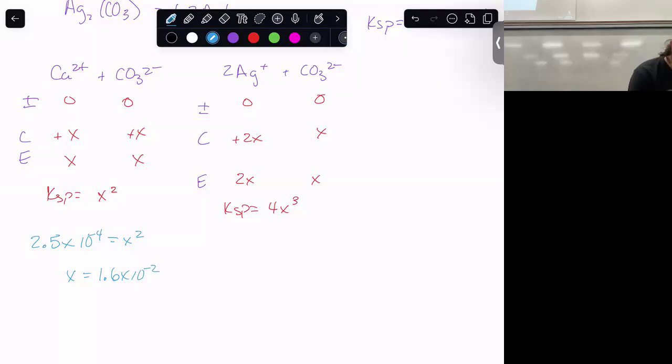But then if we did this one here, now x becomes 3.96 times 10 to the negative 2, or 4.0 times 10 to the negative 2.